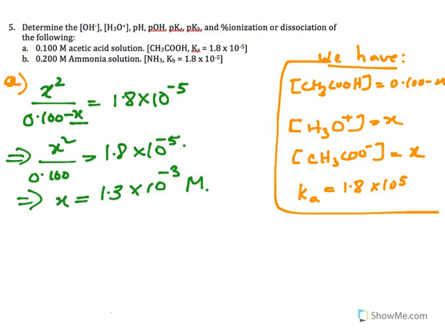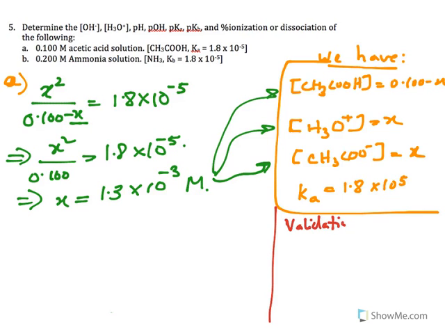Now, before we plug our value of x back into each of these equilibrium expressions, we need to validate whether we are on the right track or not. So for validation, we have our x, and initially we started with 0.100 molar of acetic acid, times 100%.